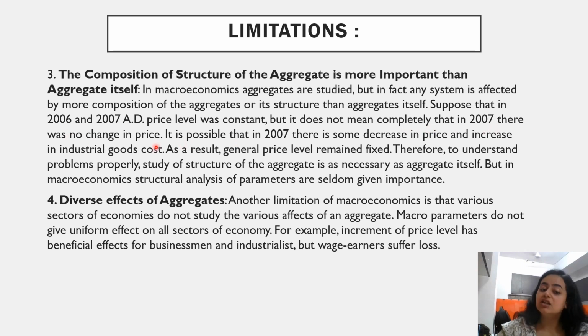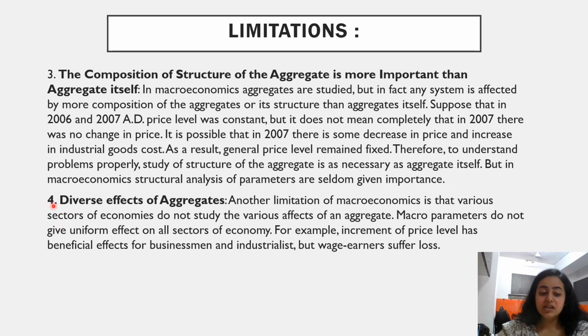It is possible that in 2007 there was some decrease in prices and an increase in industrial goods cost. As a result, the general price level continued to be the same. Therefore, to understand the problems properly, we need to study the structure of the aggregate itself. But in macroeconomics, structural analysis of parameters is very rarely given importance.